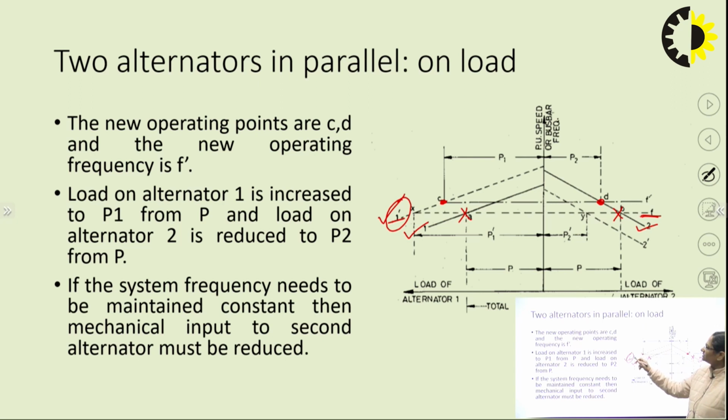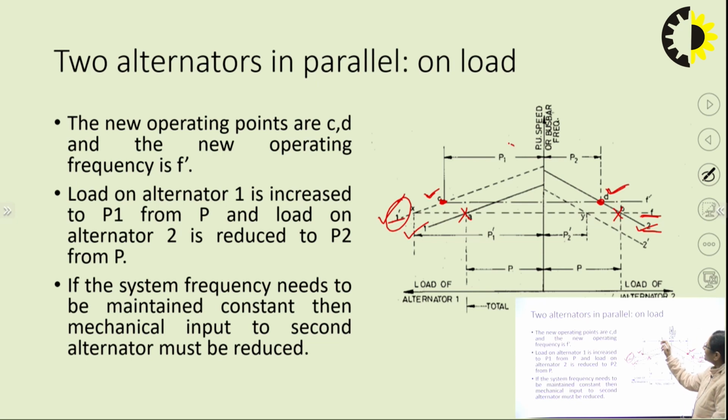It is now represented by 1 dash. There is no change in the prime mover characteristic or the alternator characteristic for alternator 2. So, the new operating point would lie over curve 1 dash and curve 2. The new operating point is at point C over curve 1 dash and at point D over curve 2.